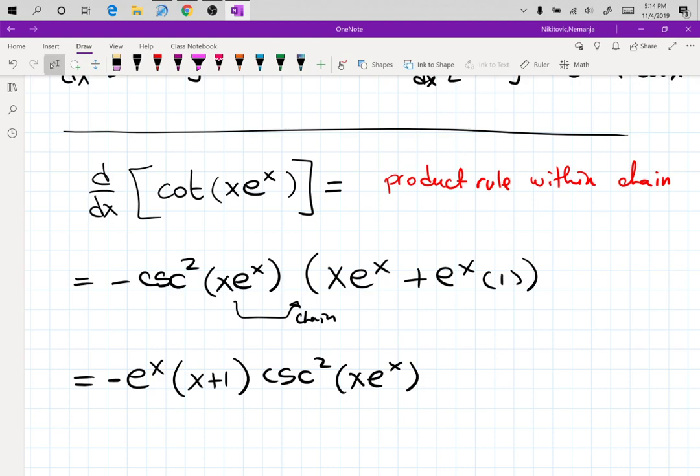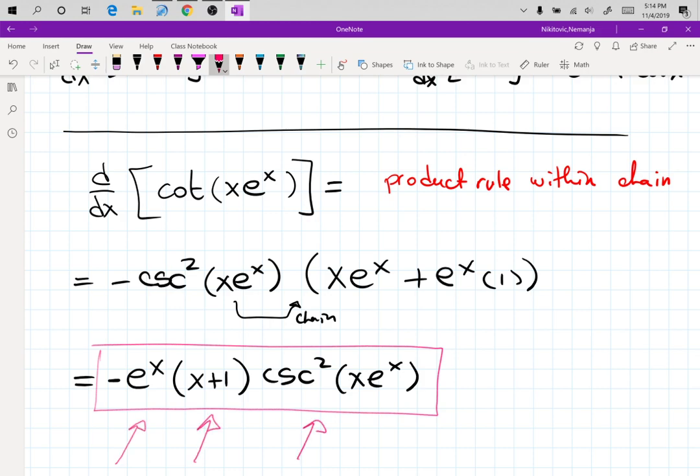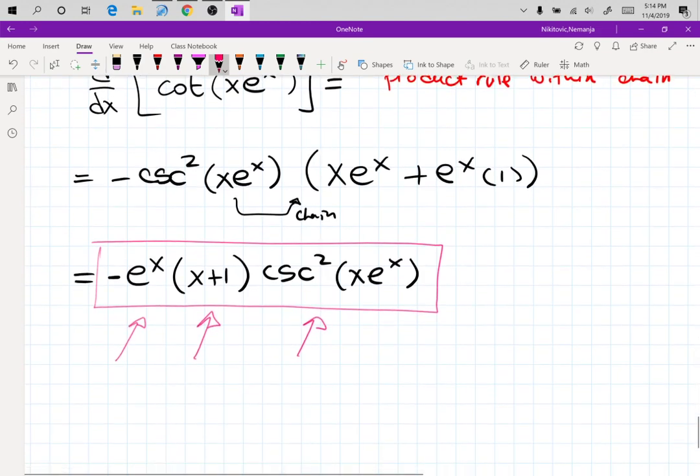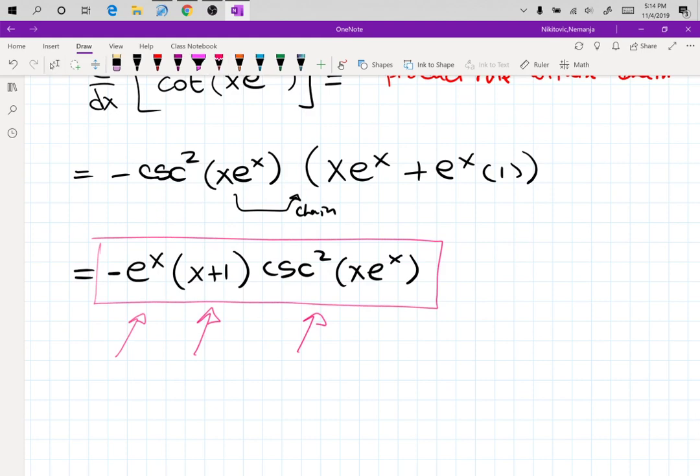Now, some people might put x plus 1 in front, and then e to the x, and whatever. Does it matter? No. Because we just want it in factor form, because you will be setting each one of these separately to 0 for chapter 4, right? For critical point or inflection point or something, right? You set them equal to 0, so you have 3 factors. It doesn't matter which order.